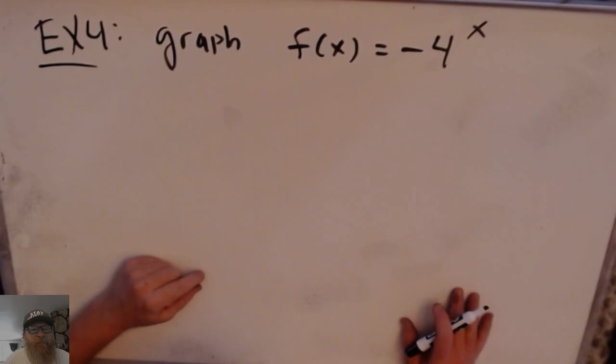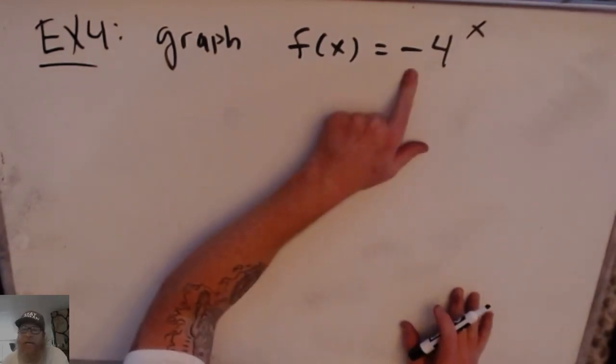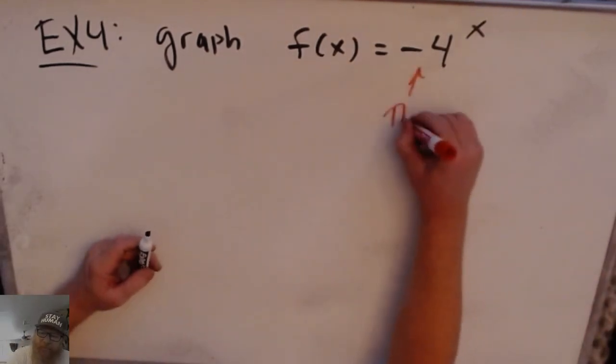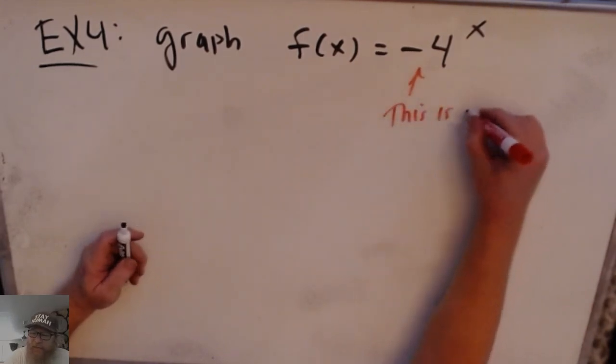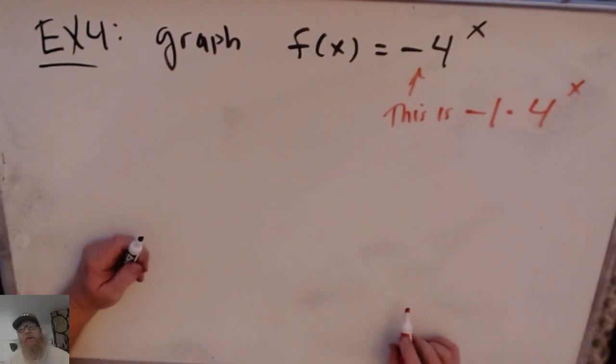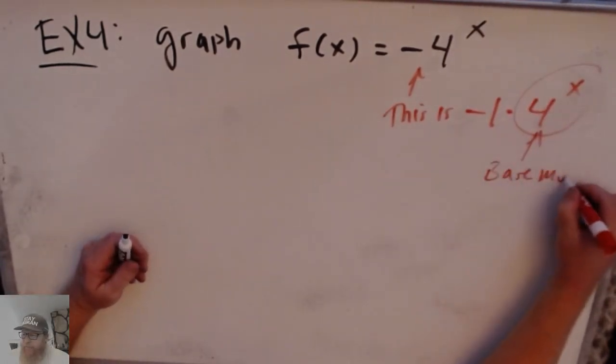Notice the way I said that. I don't say negative 4. Okay? And it's tricky because that looks like negative 4. But this is not really a negative 4. This is negative 1 times positive 4. The base must be positive.